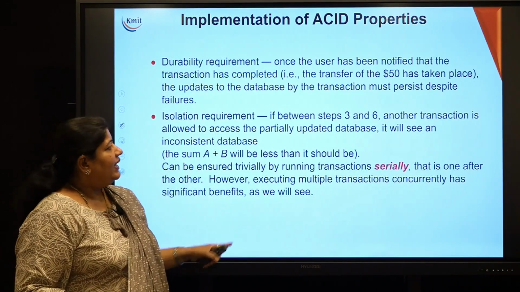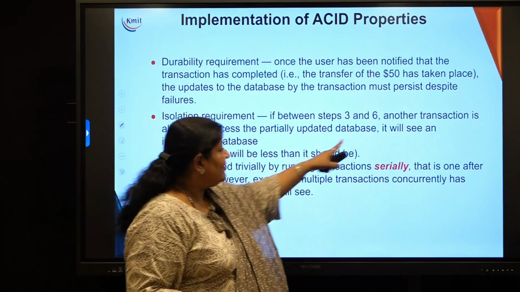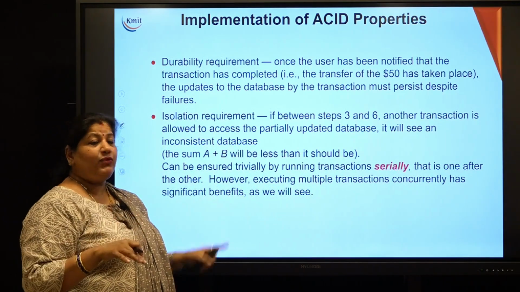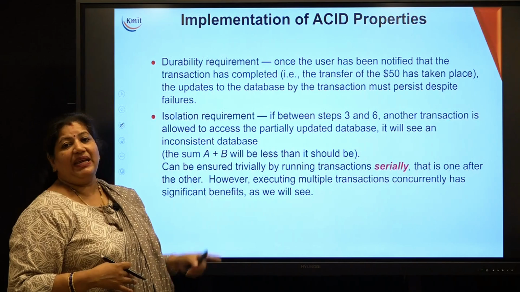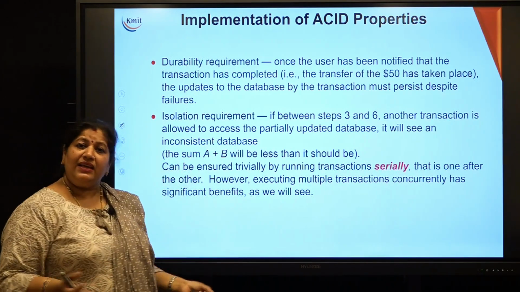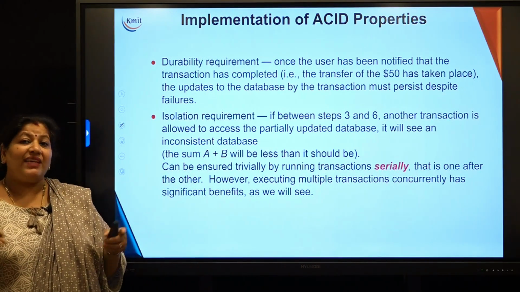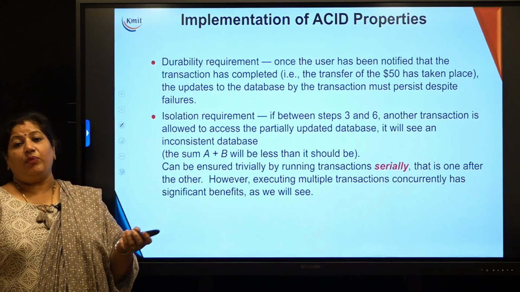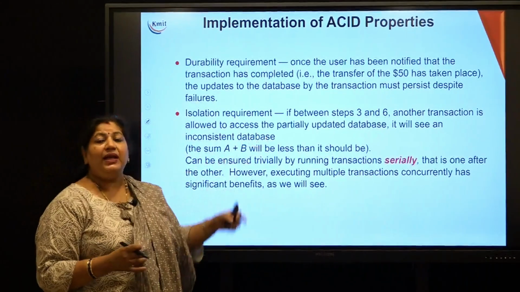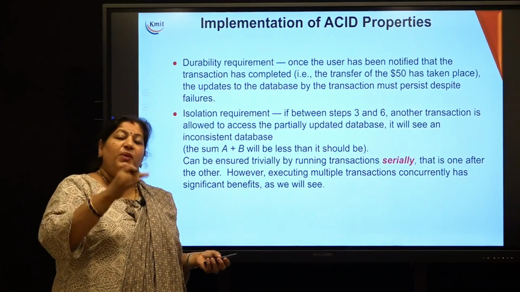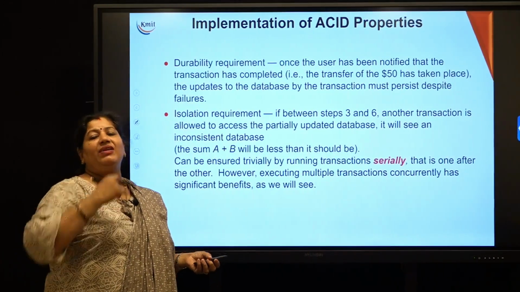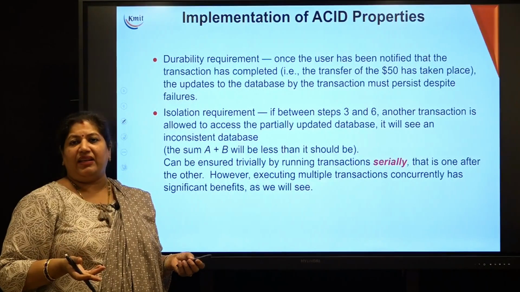Isolation requirement: if between steps 3 and 6, another transaction is allowed to access the partially updated data, it will see an inconsistent database. For example, when I was transferring, before I could update B, another transaction reads the A value which is already 50 less.